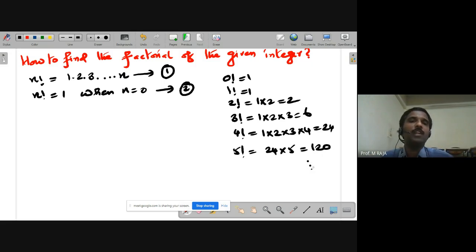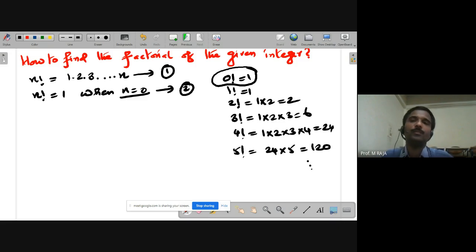So the product of first n natural numbers results in the factorial of the given integer, only when n is 0, we have the fact that 0 factorial is 1.